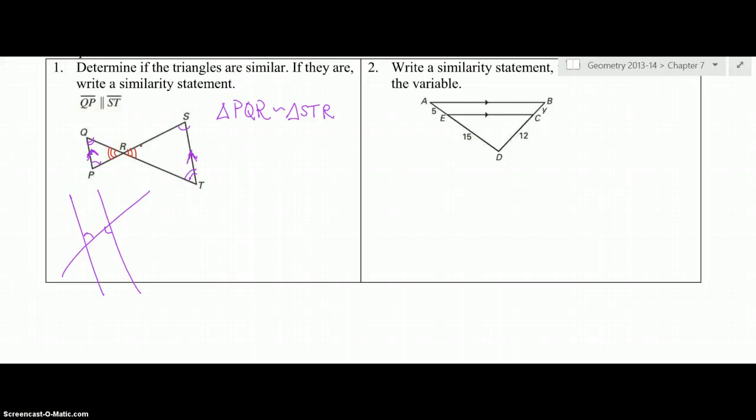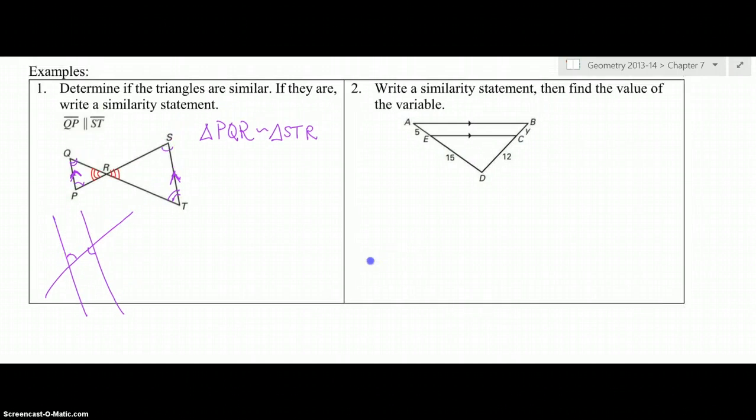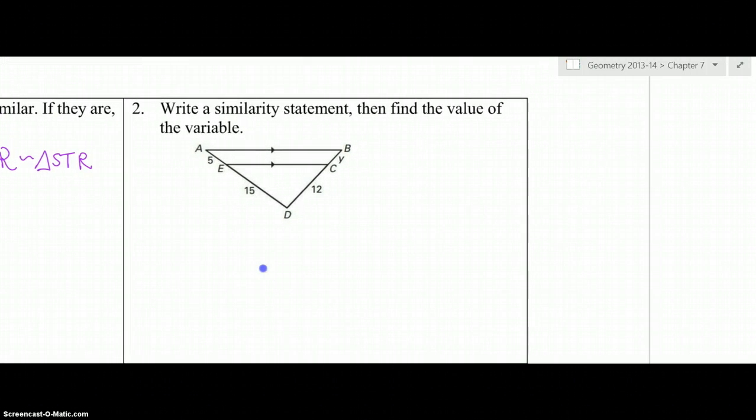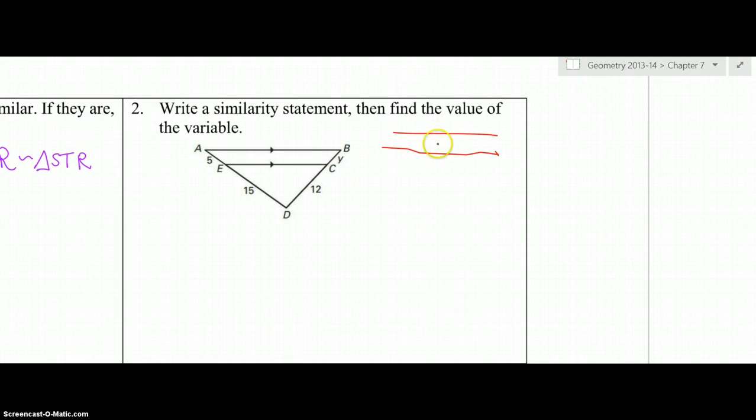Okay. Example number 2. Write a similarity statement, then find the value of the variable. Okay. Again, let's explore parallel lines cut by a transversal. What kind of angles are those?